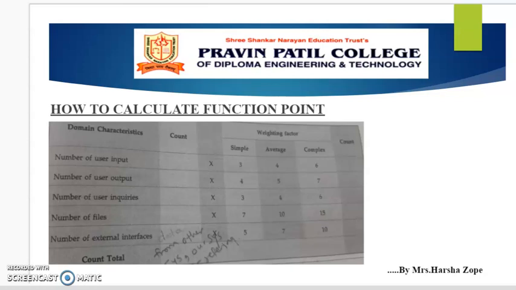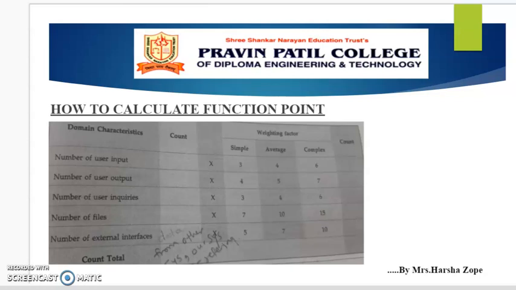In this particular table, you can see the weightage factor should be determined by observation or by experiments. The count table can be computed with the help of the given table.